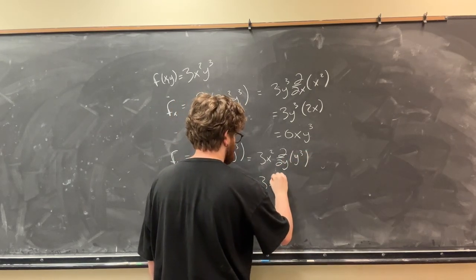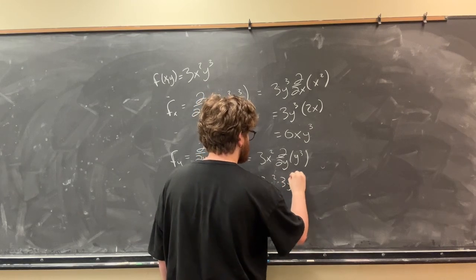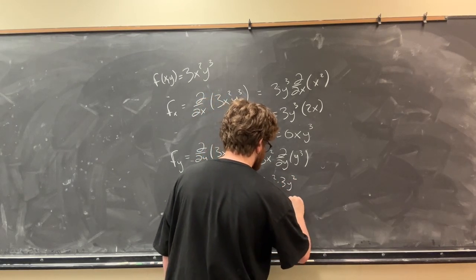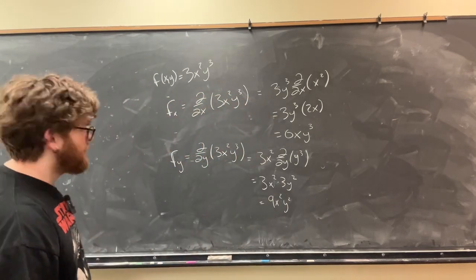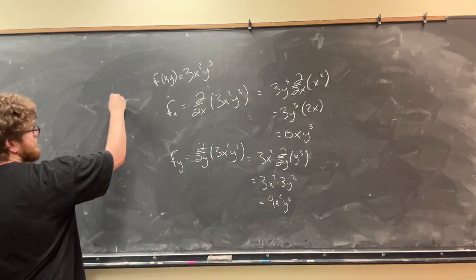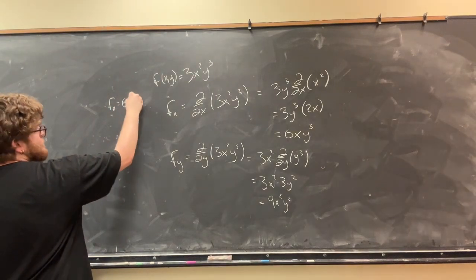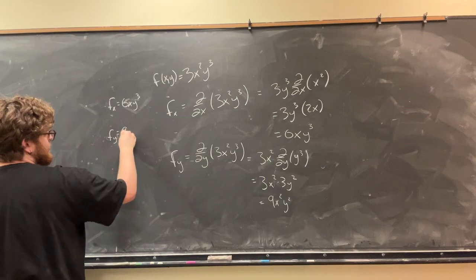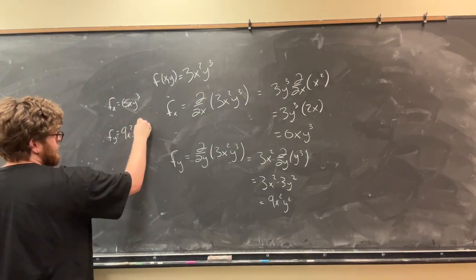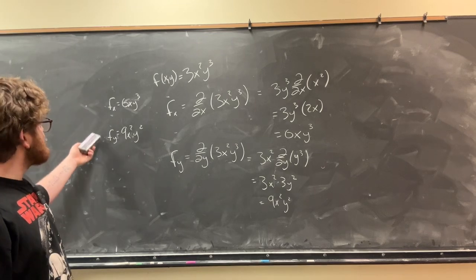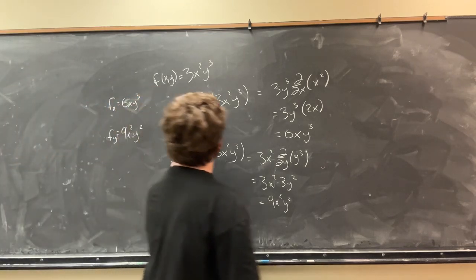That's 3x squared times 3y squared, or 9x squared y squared. I'm going to write these to the side so that I can then take the second partials. Cool. So now I've got fx and fy, and I can take their second partials.